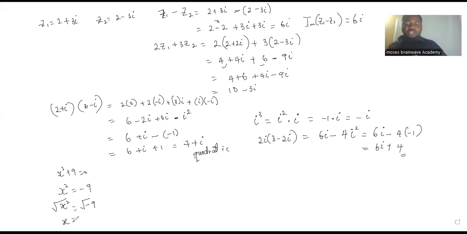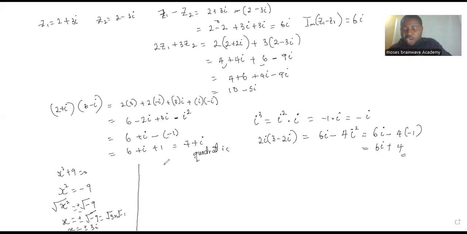So we have x to be plus or minus square root of -9. Then square root of 9 is automatically 3, then multiply by i. So our x is going to be plus or minus 3i, because here we're going to be having square root of 9 multiplied by square root of -1, right? Isn't that fantastic?